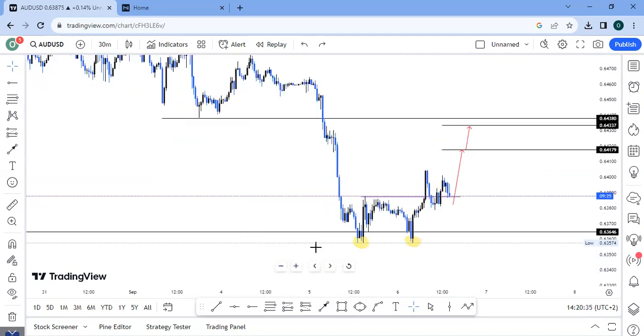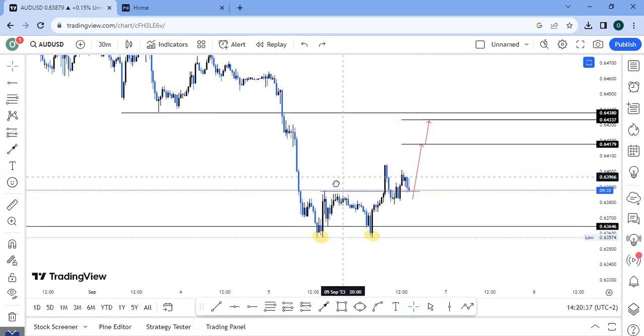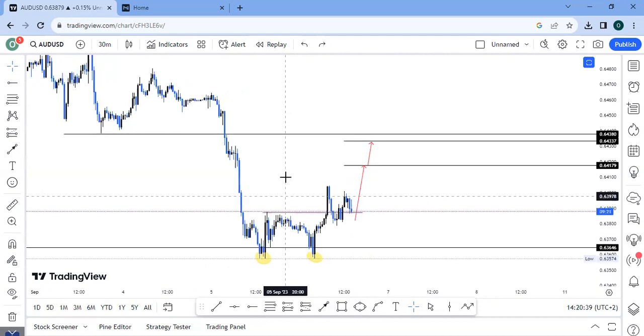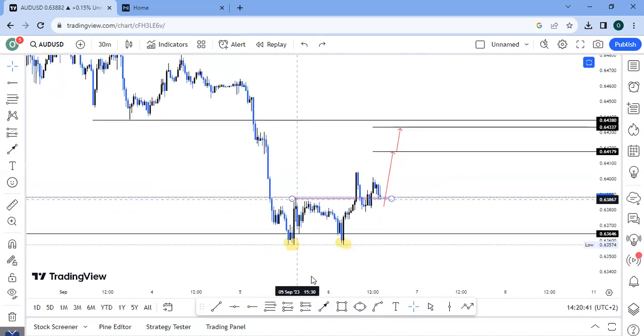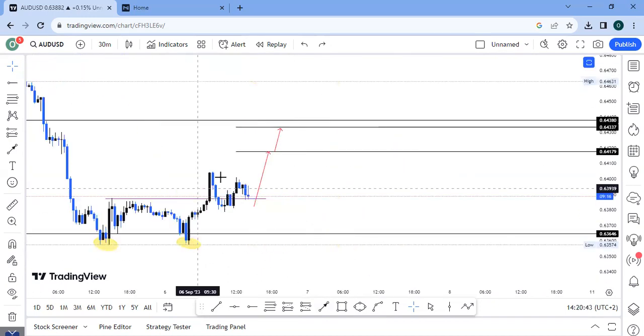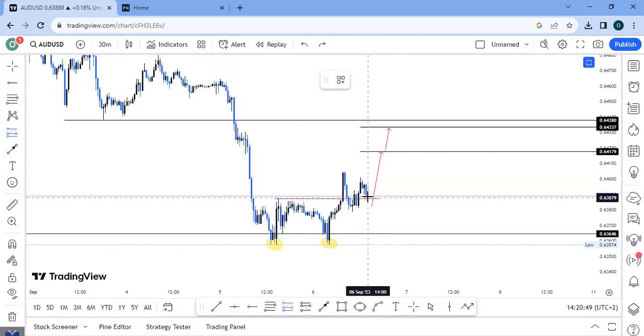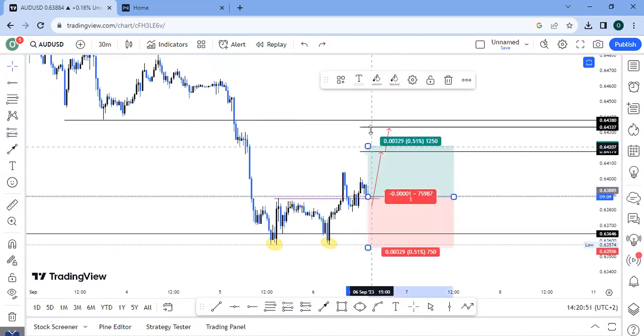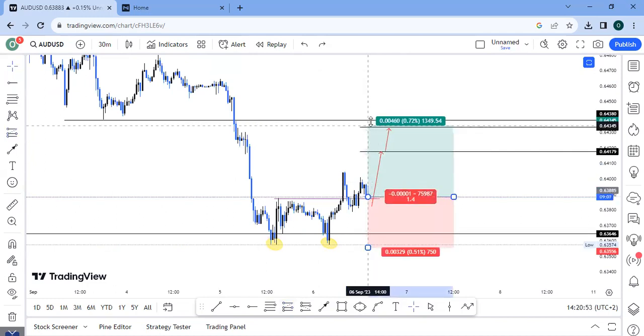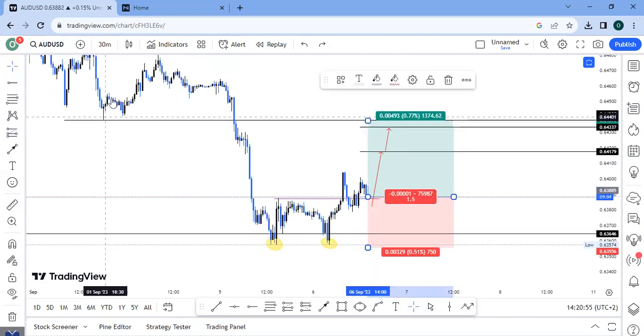What more can we see here? Okay, right. So I just wanted to share this trading idea with you guys. So my trade in essence will look something like this. I can even have my take profit at this previous level of support.